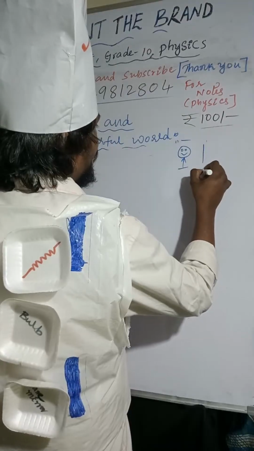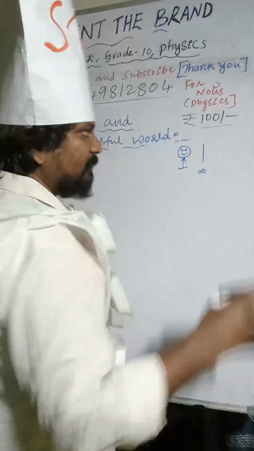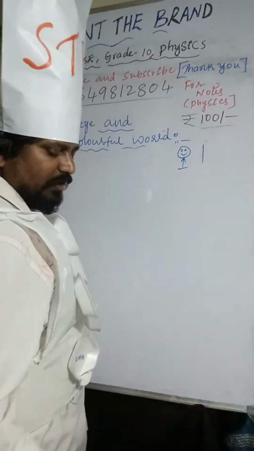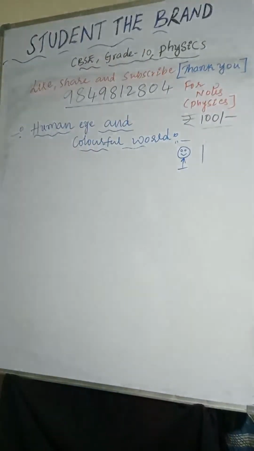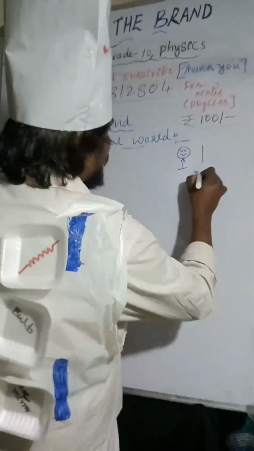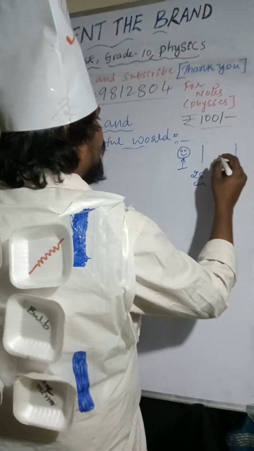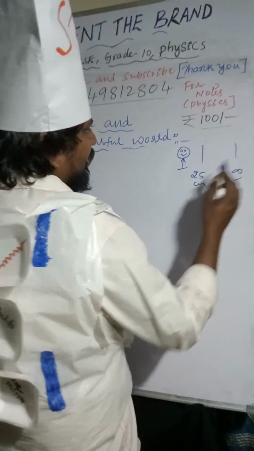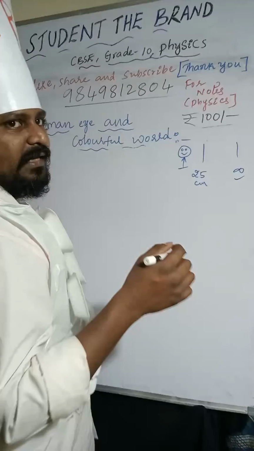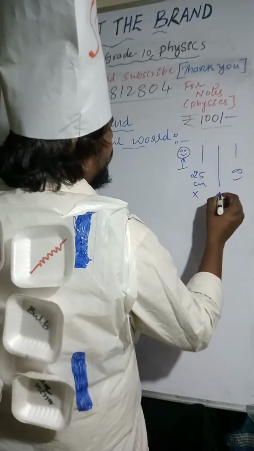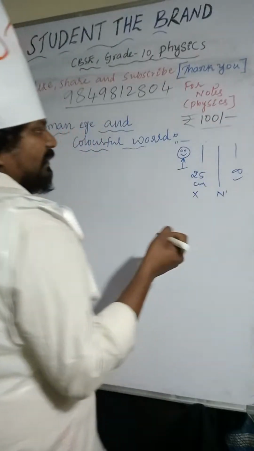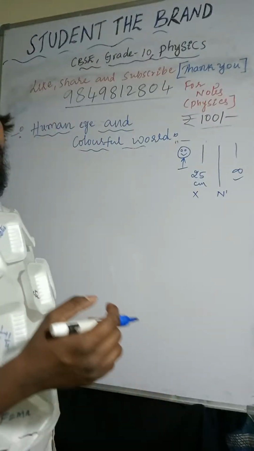This is the near point, 25 centimeter, and here is infinity. The person can see infinity clearly, but he can't see 25 centimeter. Somewhere between infinity and 25 he can see. That is the near point of hypermetropic eye.